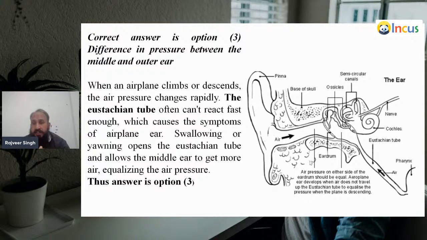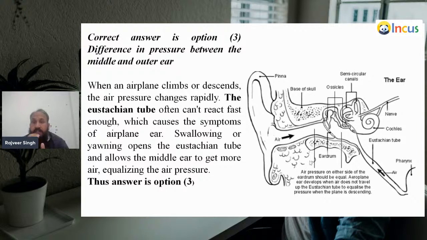After the eardrum three ossicles are present: first incus, malleus, and stapes. Then the semicircular canals begin and end in the nerve fibers, and the cochlea occurs below the semicircular canal.